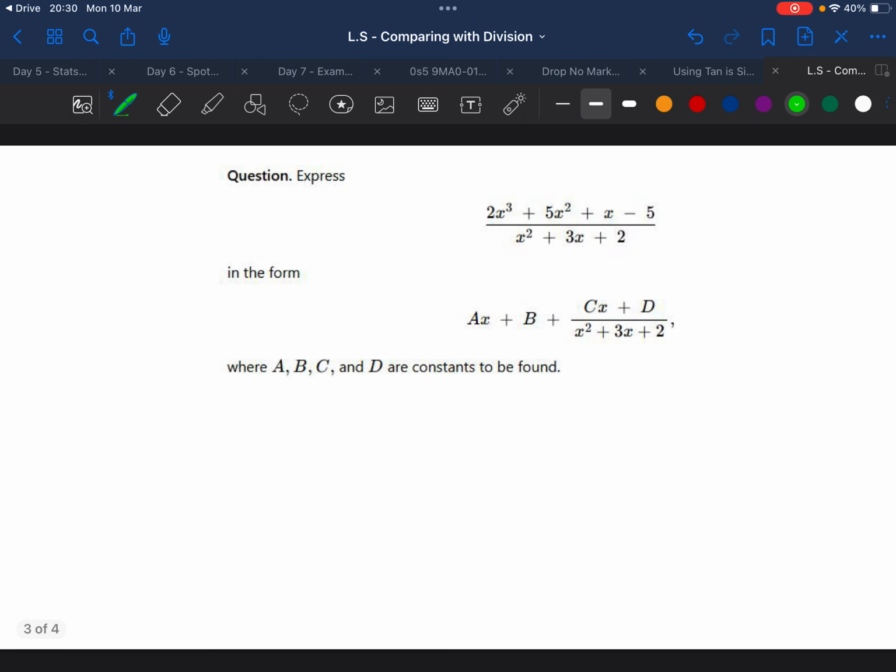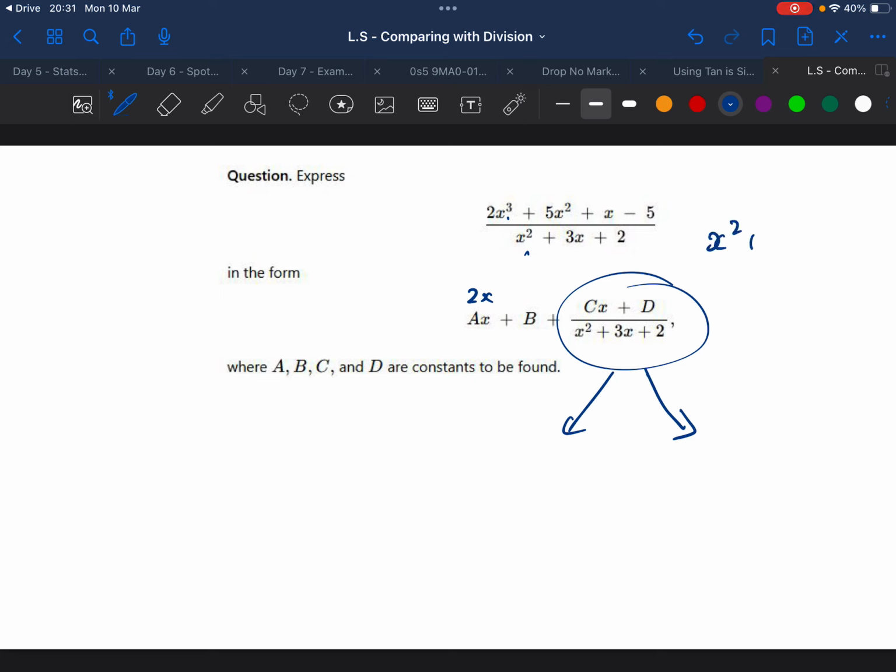You can have a go at this one as well for yourself. And this might be the start of a partial fraction question. So you could do the same steps. Notice A, for example, is clearly 2. Or if you wanted to, for this one, you could even jump straight into an answer for a partial fraction.